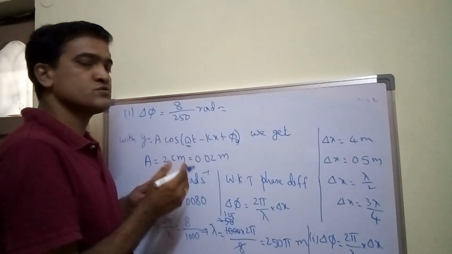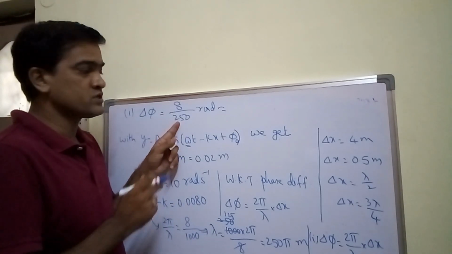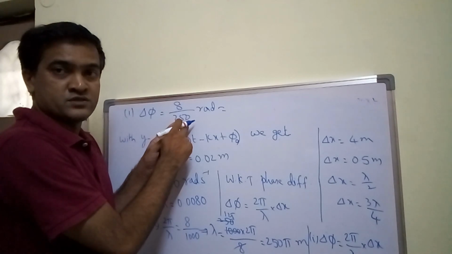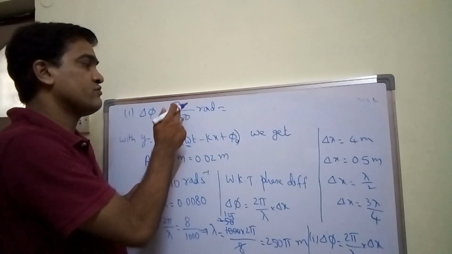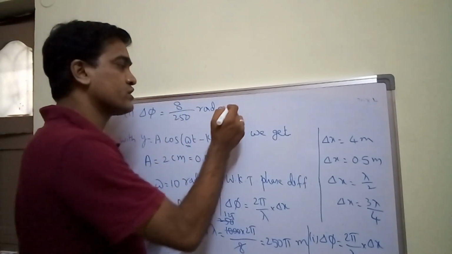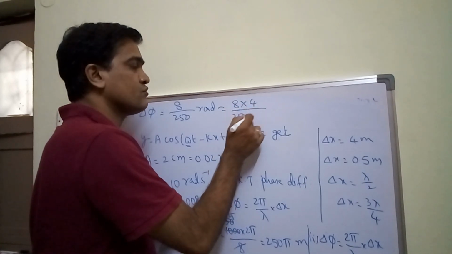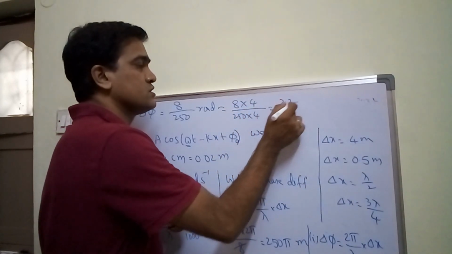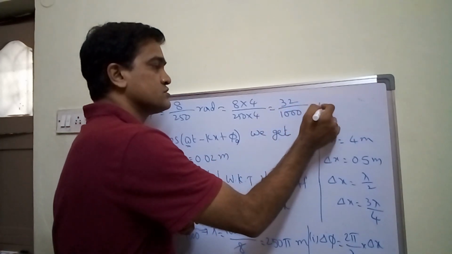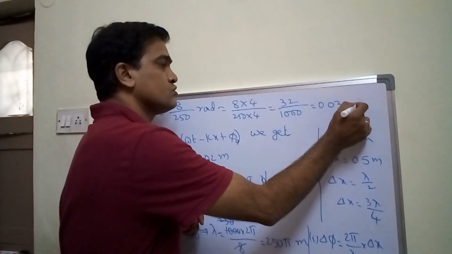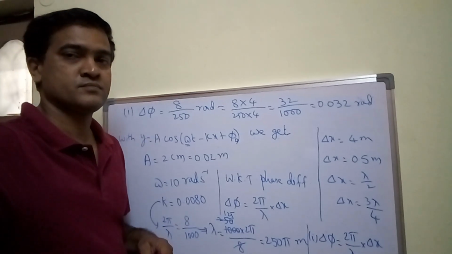So if you want to simplify further, what you do is in denominator multiply with 4, so that it becomes 1000, and then you can cancel easily the numerator what you obtain, right? So if you multiply and divide with 4, 8 into 4 upon 250 into 4, what you get here? 32 upon 1000, which comes out to be 0.032 radian. This is first bit answer.